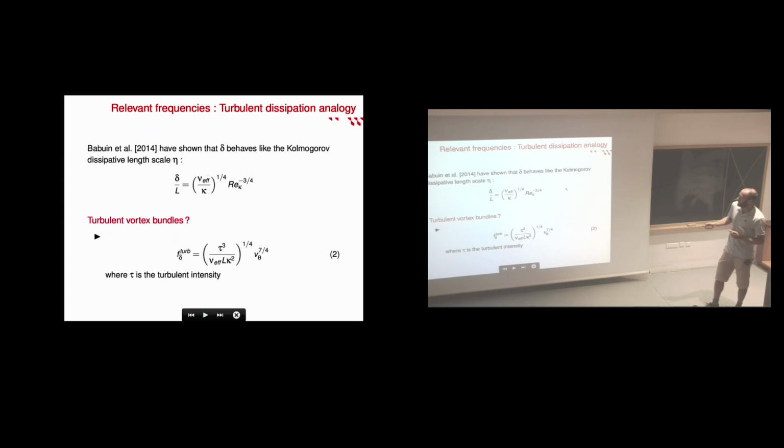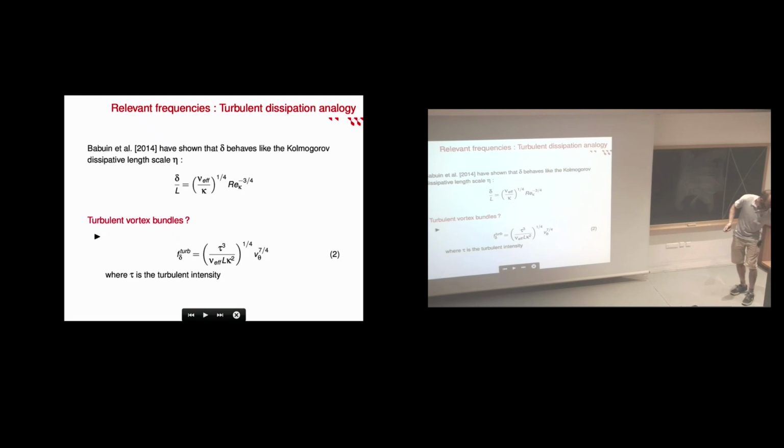So if we compute the frequency that we would obtain on the tip of the hot wire, we find an exponent which is 7/4, so 1.75. And the good news is that the frequency will depend on the turbulent intensity.